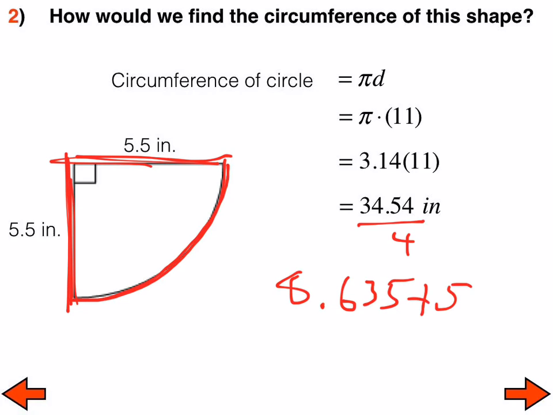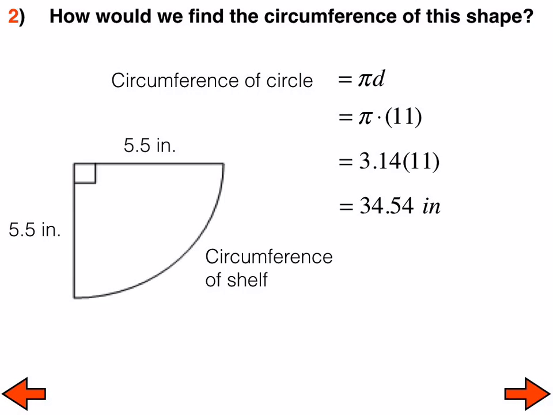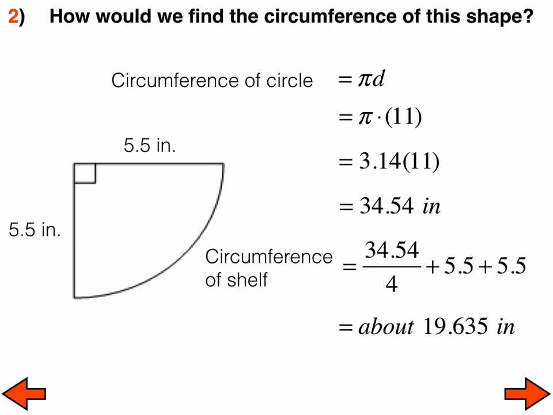And that's the reason why I wanted to do this specific problem, because we do have to think about the fact that when we are finding the distance around, we have to really find the distance all the way around that shape there. And so that would be around 19.635, and I'm going to make sure I say it correctly that time. Okay?